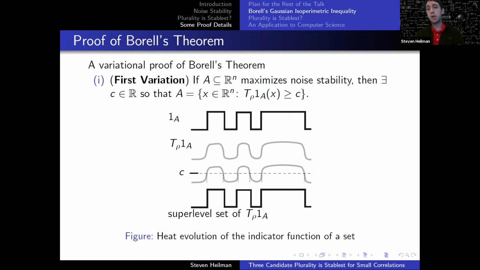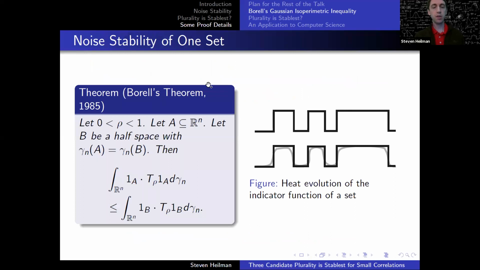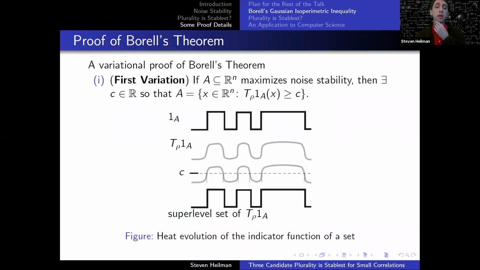So here's how we can do it. First step, what do you do? First thing you do in calculus of variations is the first variation. It's like taking a first derivative. And so what do you get here? We want to show that the half space has the largest noise stability. Supposing we had a set that maximizes noise stability, it would satisfy this equation that we wrote here.